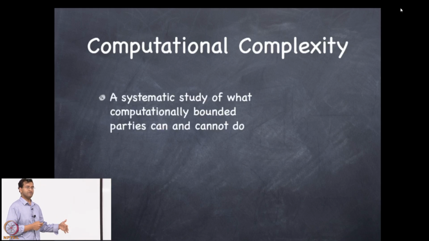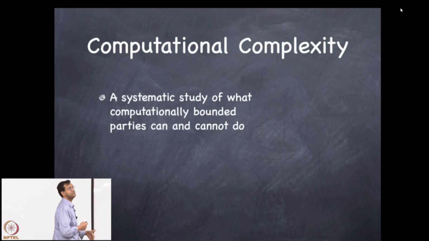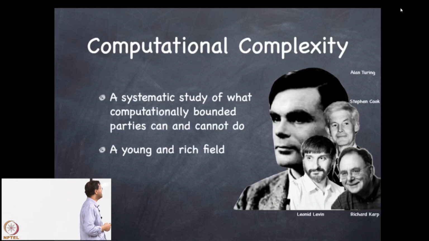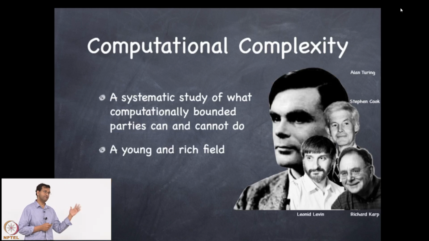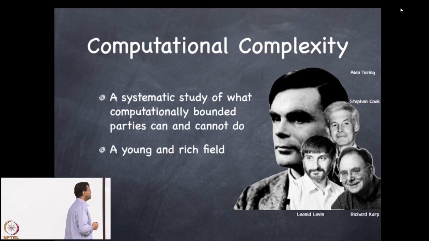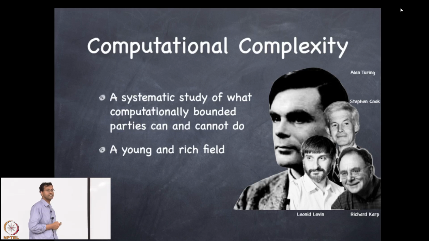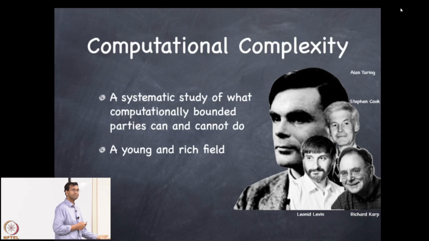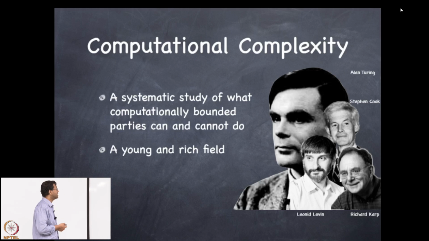We want to say some things are hard, some things are easier. It's a very young field compared to the rest of mathematics. Shannon's information theory was in the late 40s. Computability theory came before that: Alan Turing and others in the 30s defined computability.